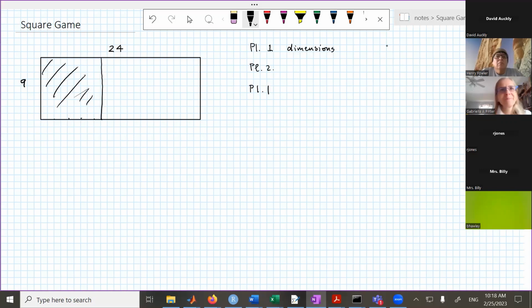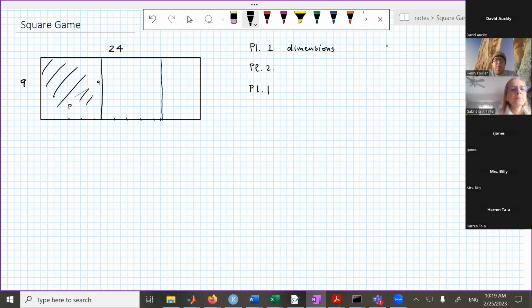Please just say something, or if it's not clear, please ask. 9 by 9, right? So this side is 9. We still have a rectangle left that is going to accommodate a 9 by 9 square. So again, player 1 draws in a 9 by 9 square.